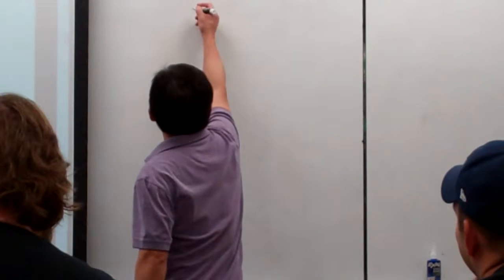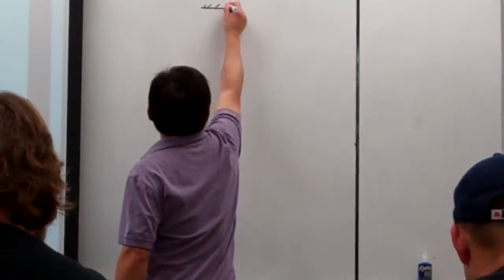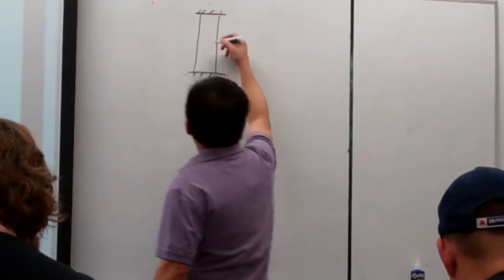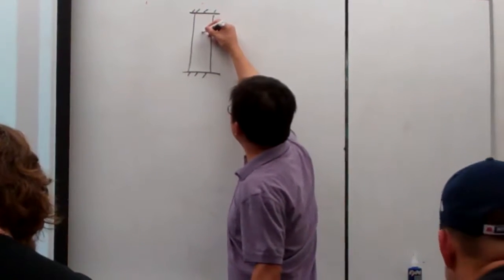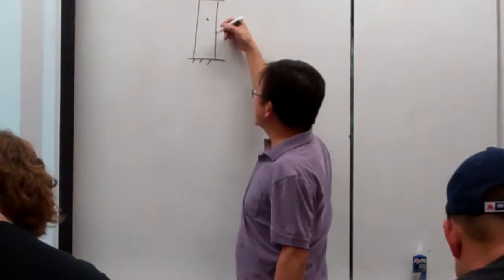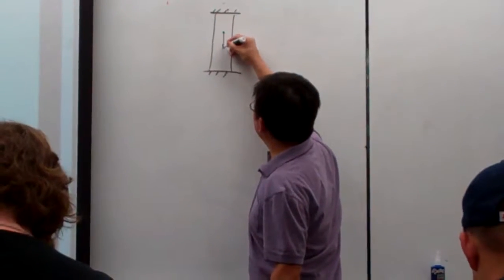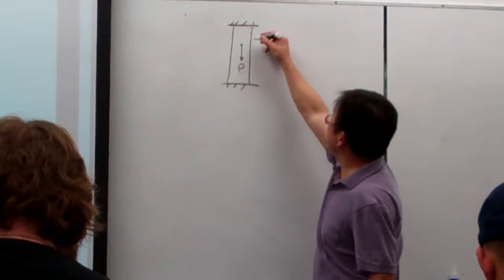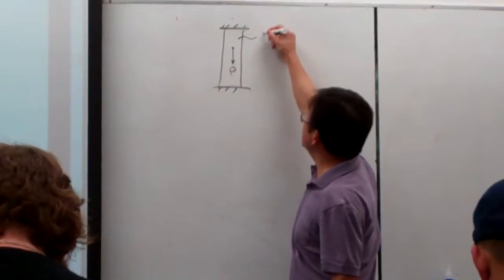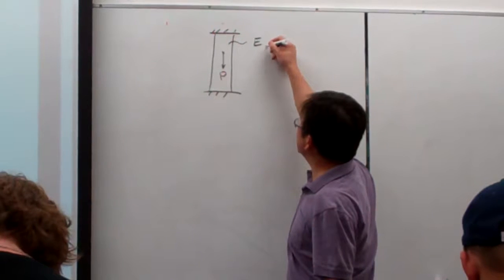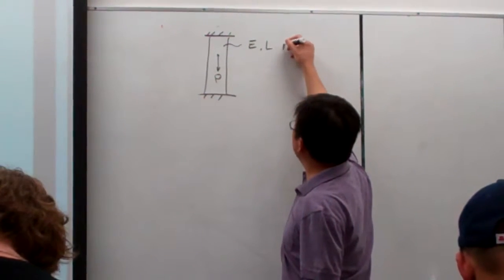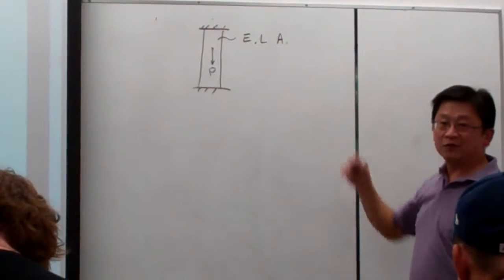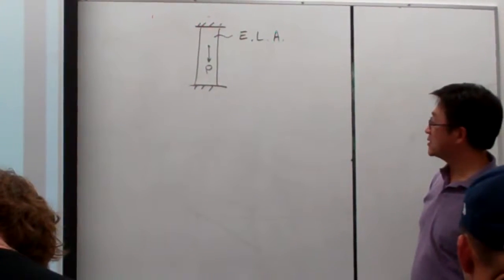For this problem, let me redraw. Here we have a loading. In general, the loading wouldn't be at the center, so let me put it a little bit upward here. The magnitude is equal to P. For this material, assuming it is uniform, we have the Young's modulus, the length L, and the cross-sectional area A, just for simplicity.